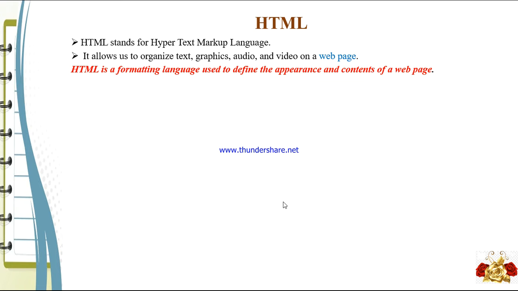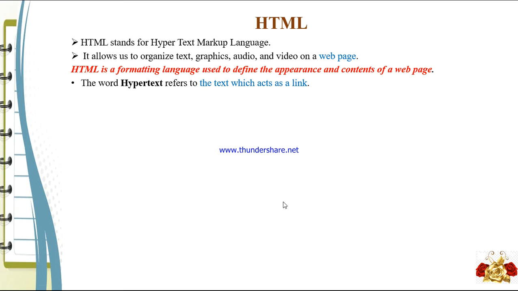Any web page has a lot of content, and for displaying this content, its appearance is very important, and the content is also very important. Those are based on this HTML.